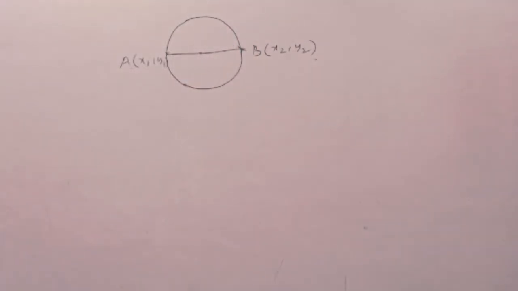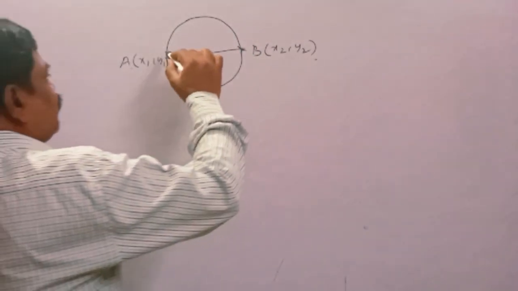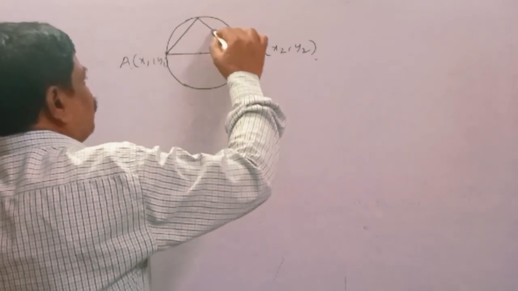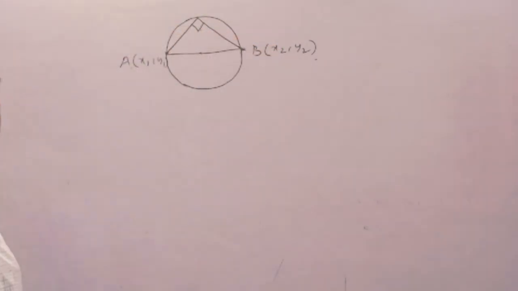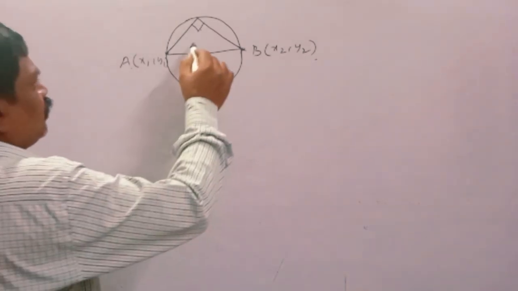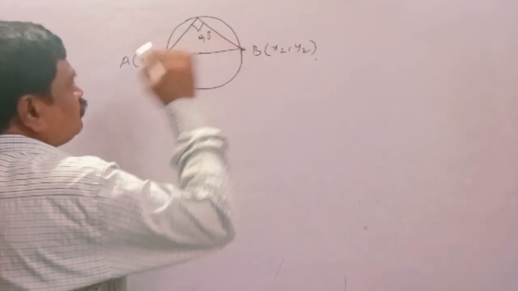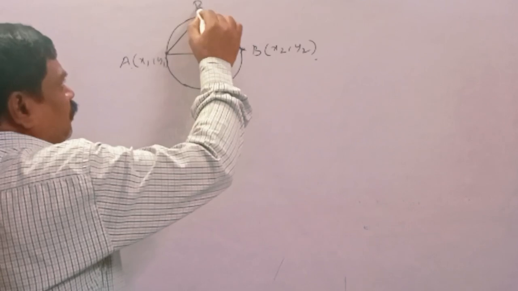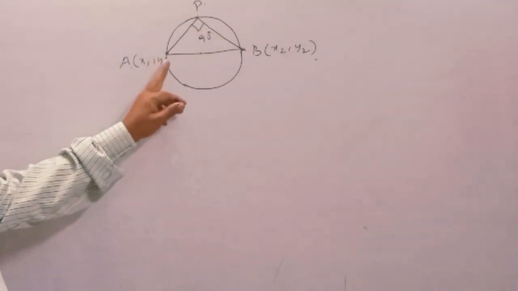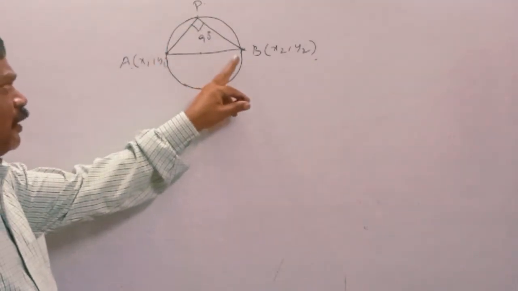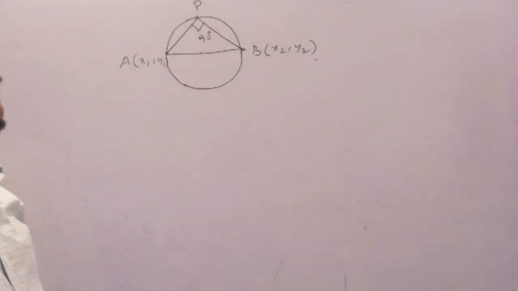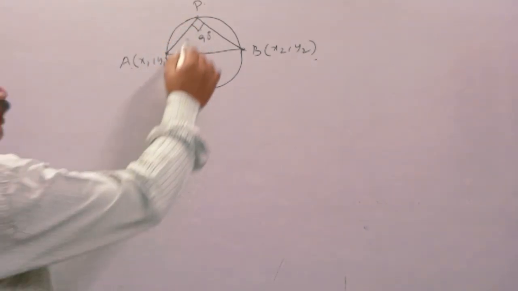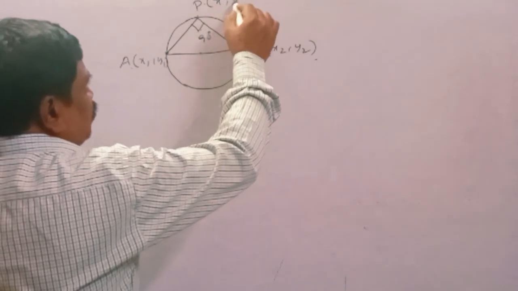So here these lines, this one and this one, this is the right angled triangle. This is the point P. So the diameter makes in a semicircle an angle of 90 degrees. So let us take this point as x comma y.